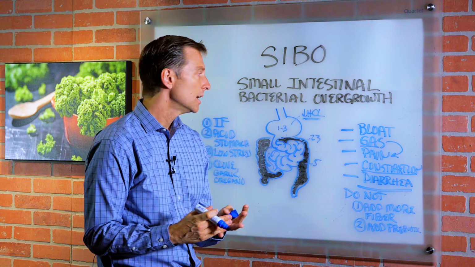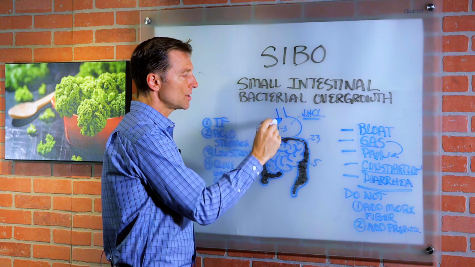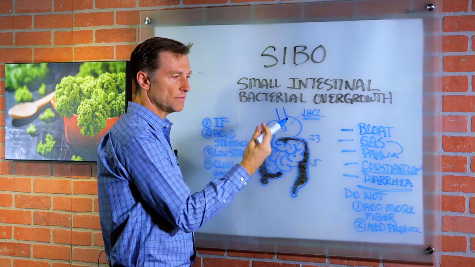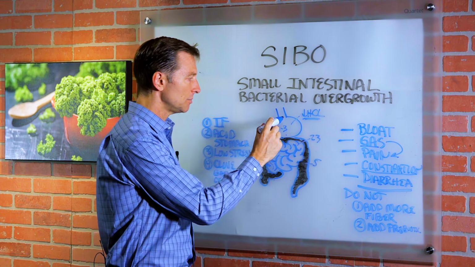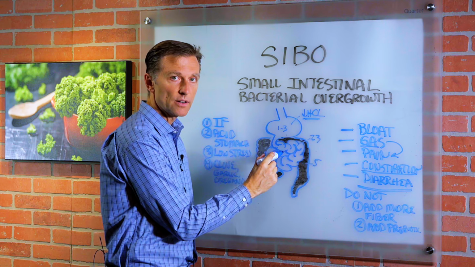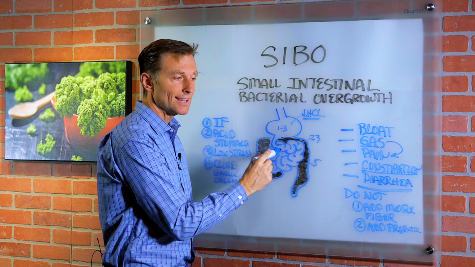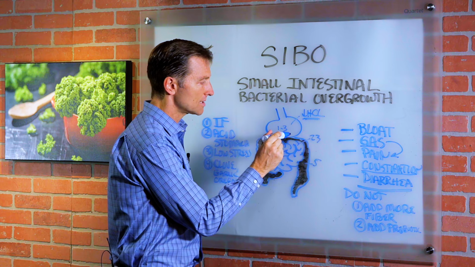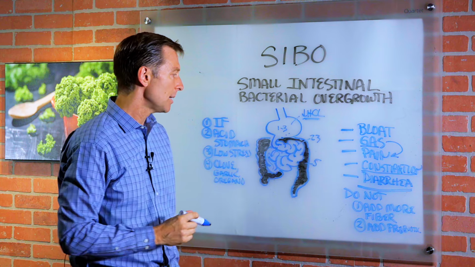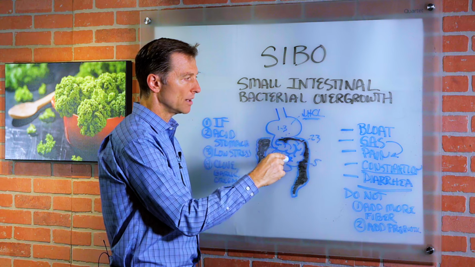Then what happens is the acid is supposed to kill a microbe in the food that you eat, but it doesn't get killed, it passes on through and starts growing here. A lot of the food that you consume, like vegetables and even some meat, has some microbes in them that are supposed to be killed at the stomach level. If that doesn't happen, they can actually start growing right here.